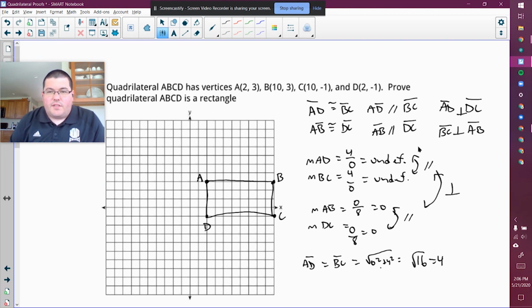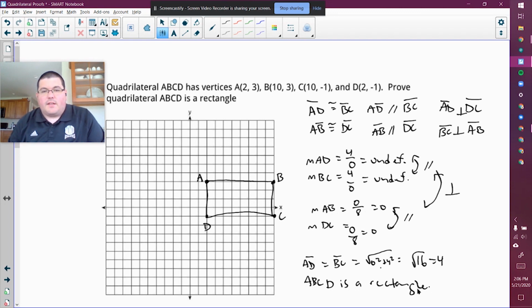And so all of these conditions now are met. We have our congruent sides, we have our parallel sides, we even have the perpendiculars ensuring us of the 90 degrees. And so we can say that ABCD is a rectangle, right? So that's kind of the one added piece to the rectangle.